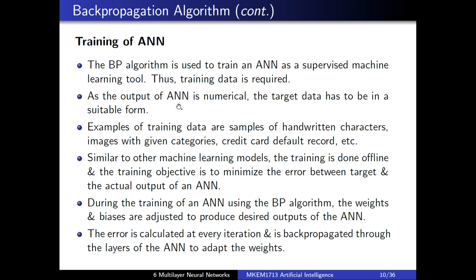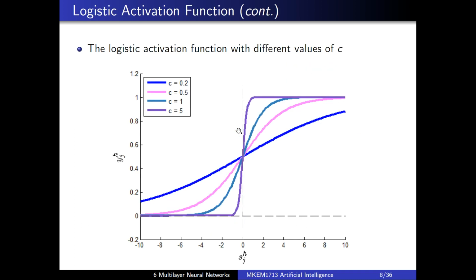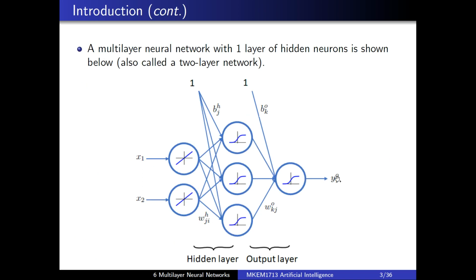As the output of an artificial neural network is numerical. Why is it numerical? Because let's refer to the first figure. The output is always a number. You cannot have a class or an alphabet as an output here. So if you want to solve a classification problem, you have to encode your classes, which is the output, to numerical values.